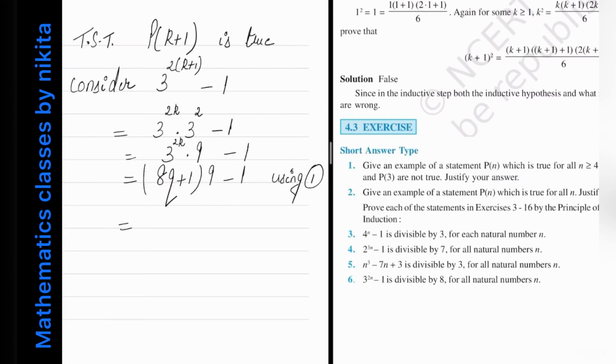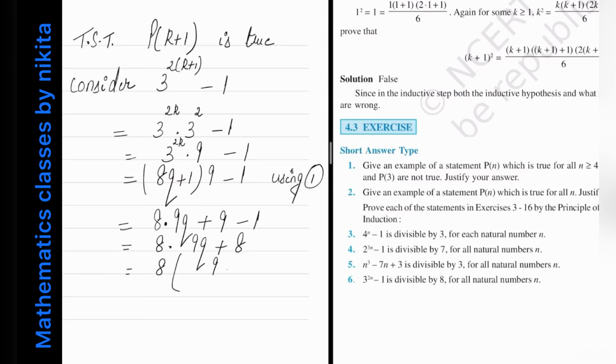अब मुझे क्या प्रूफ करना है? डिविजिबल बाय 8. तो मुझे इसको किसकी टर्म्स में लेके आना है? 8 टाइम्स समथिंग. तो देयरफॉर फर्स्ट ऑफ ऑल ओपन द ब्रैकेट. सो 8 टाइम्स 9q, दिस इज़ अ मल्टीप्लिकेशन साइन. आप इसको 89 मत समझना. दिस इज़ 8 टाइम्स 9q प्लस 9 माइनस 1. सो दिस इज़ इक्वल टू 8 टाइम्स 9q plus 8, and 8 can be taken common.